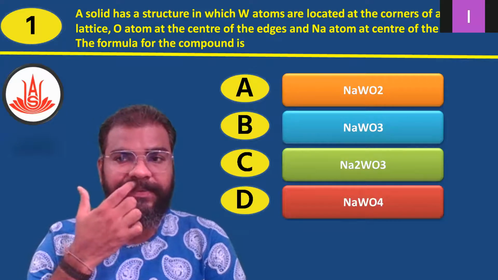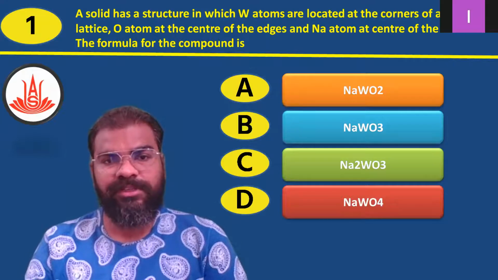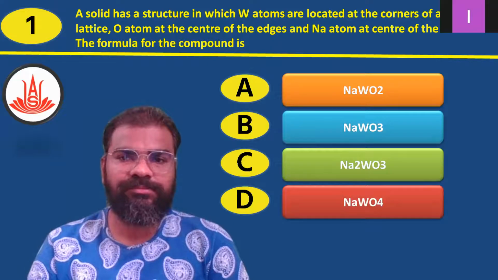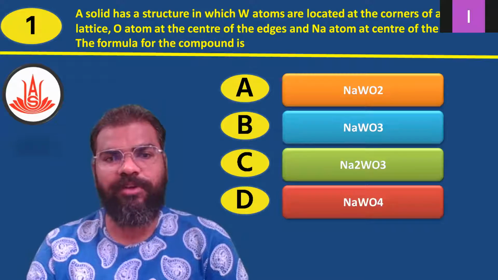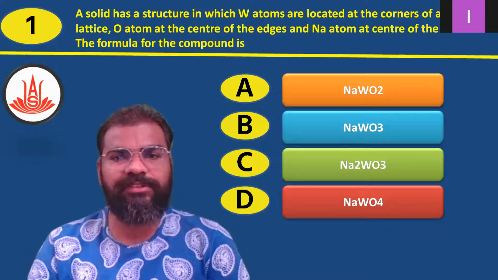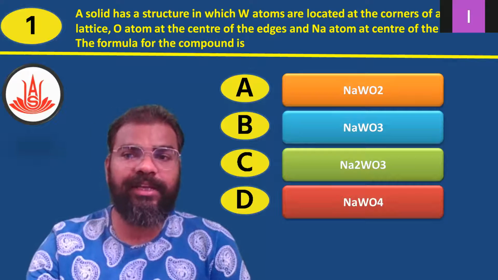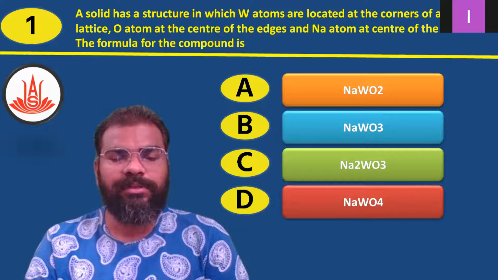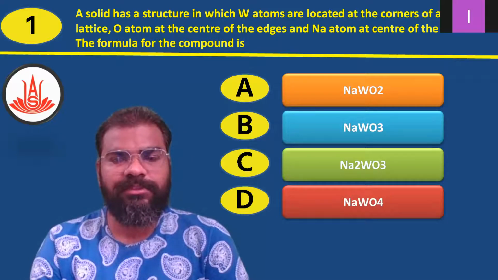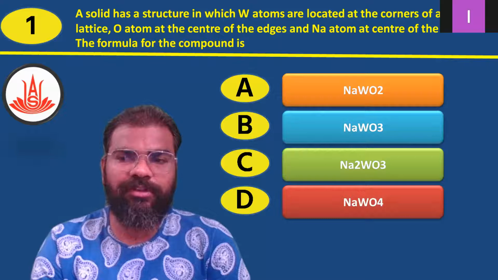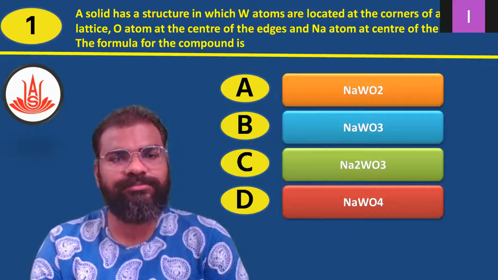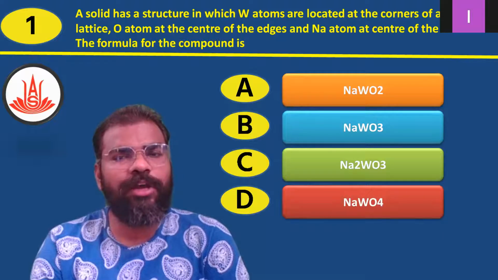A solid has a structure in which capital W atoms are located at the corners of a cubic lattice, O atoms at the center of the edges, and a sodium atom at the center of the cube. So what would be the formula of the compound?